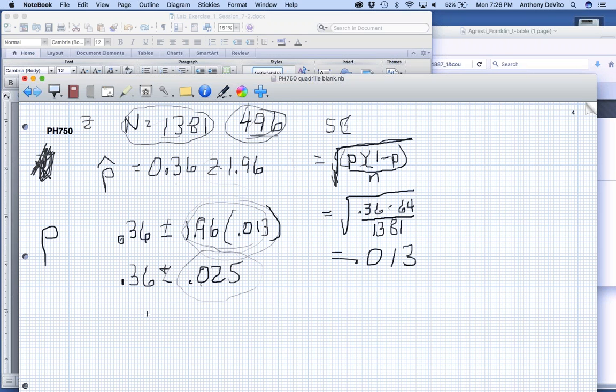So my 95% confidence interval is going to be 0.335 to 0.385, adding 2.5% to that. In other words, 33.5% to 38.5%. We're 95% certain the true proportion of all the Irish marchers is between 33.5% and 38.5%.